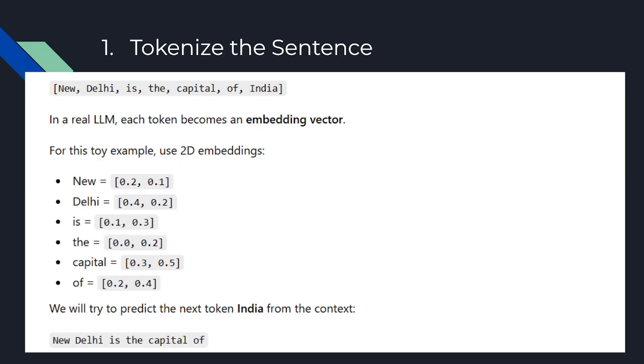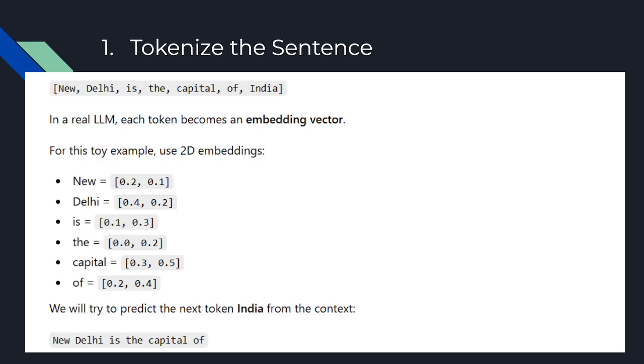New and Delhi are broken into two separate words, then "is", "the", "capital", "of", and "India" as separate words. But if you look at how ChatGPT and similar models work, sometimes "New Delhi" might be taken into the same embedding, just one embedding vector that will be created.